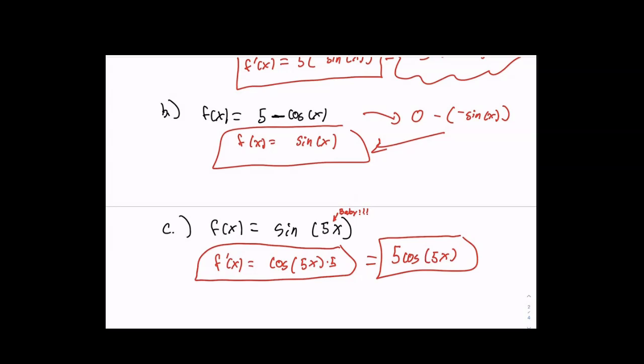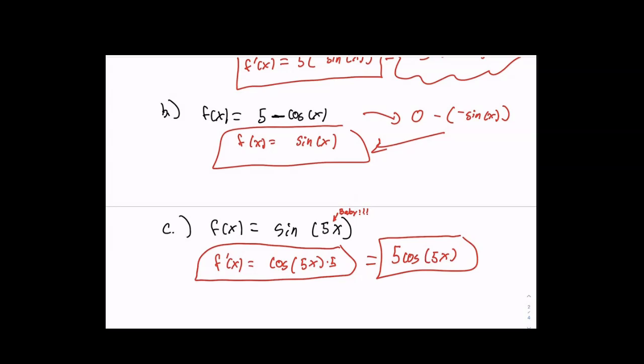So it's 5 cosine of 5x. I get a lot of students that think it's cosine times 5x. You kind of did both. You said of and then you said times. The of is correct. The times is not. So it's 5 times cosine of 5x. So just be careful on that one.